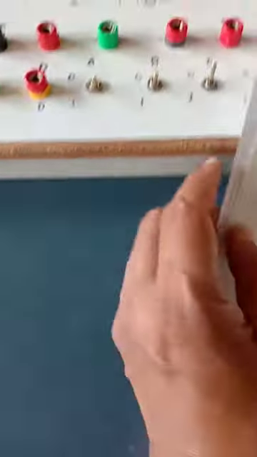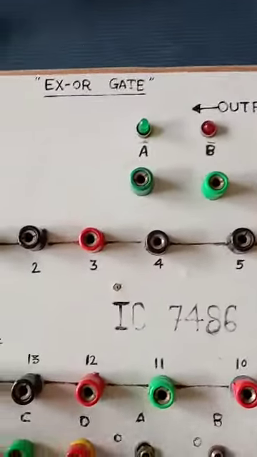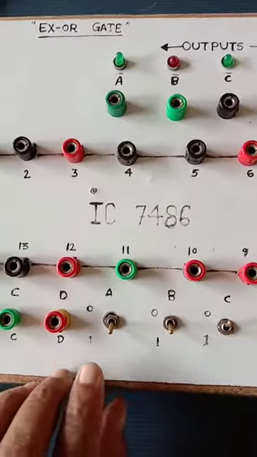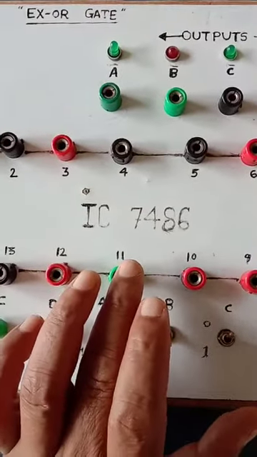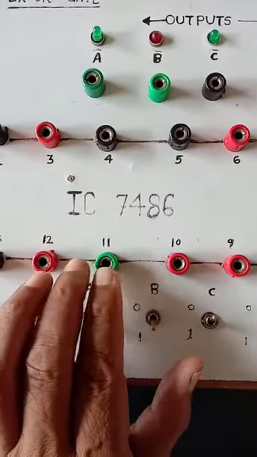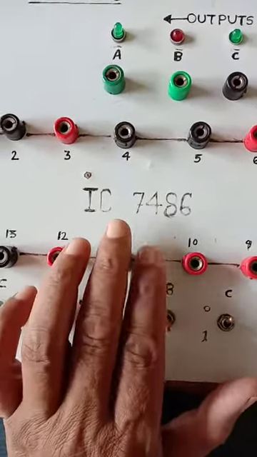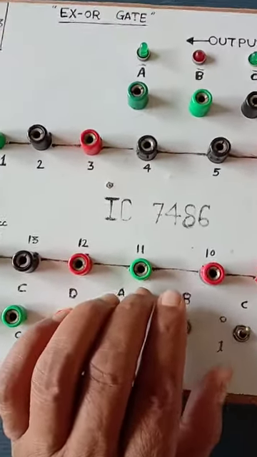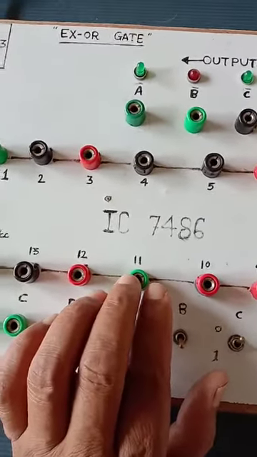See here, this is the practical board of XOR gate IC 7486. IC 7486 is a quadruple two input XOR gate, means in this IC there are 4 XOR gates. The pin diagram of XOR gate you have already seen.